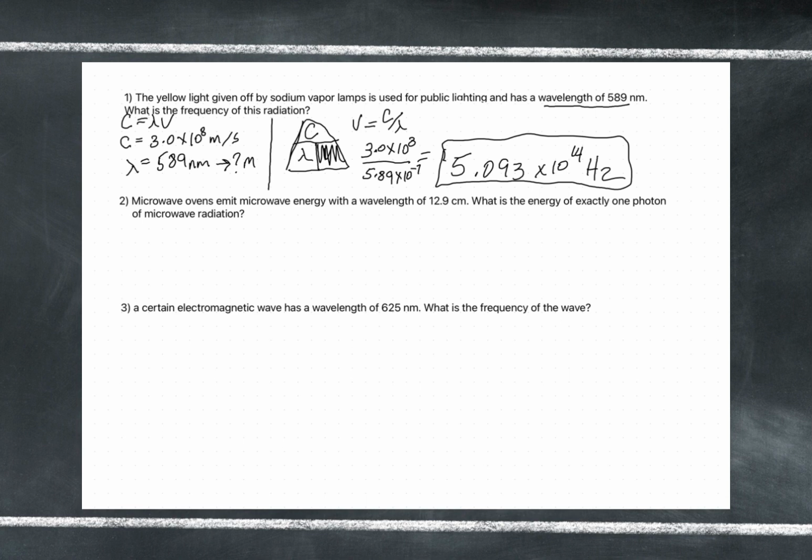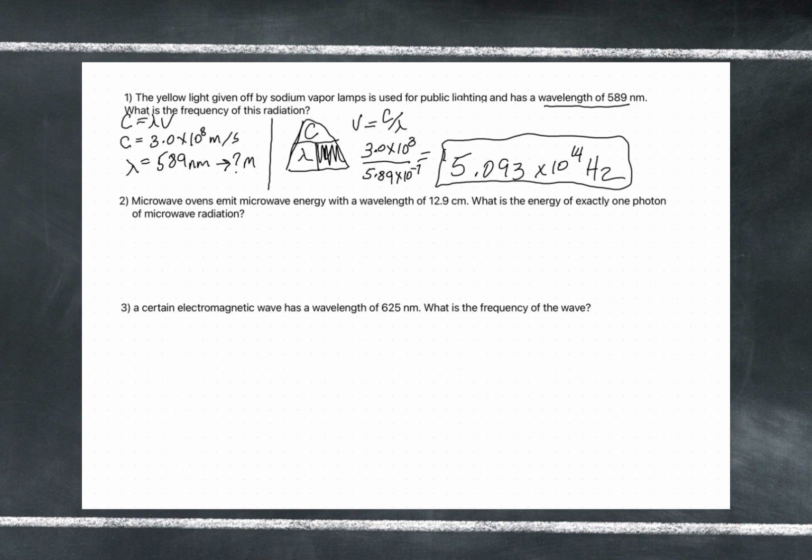Question 2. A microwave oven emits a microwave energy with a wavelength of 12.9 centimeters. What is the energy of exactly 1 photon of radiation? So this is dealing with our photons.